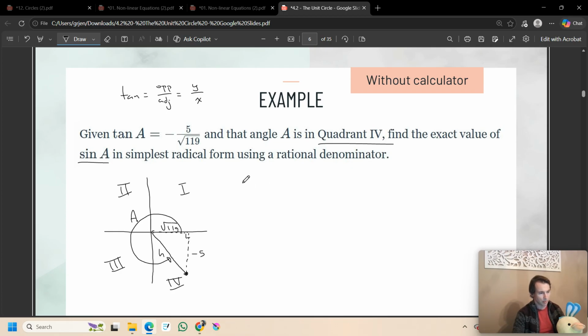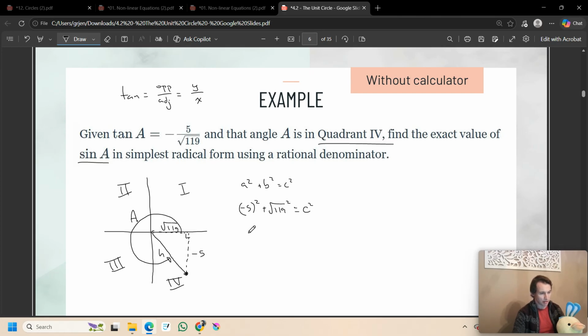So from Pythagoras, a squared plus b squared equals c squared. And we just sub in minus 5, put it in brackets for the love of all that is mathematical, plus the square root of 119 squared, you could put that in brackets, but it doesn't matter, equals c squared.